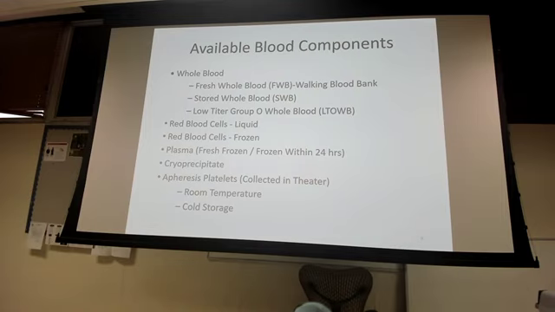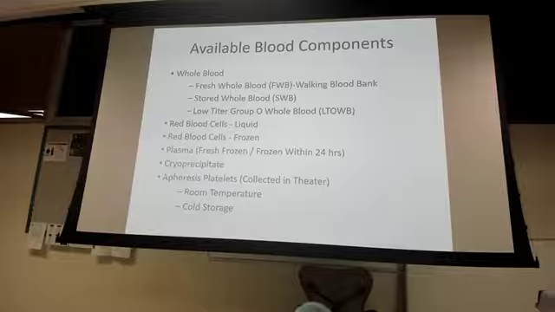You all as PAs may have an inventory, but a lot of times us as laboratorians will keep that list available for you, because we'll run the pre-transfusion testing before you issue those blood products out. Then you have stored whole blood, and low titer group O whole blood. Then you have red blood cells that are liquid, and red blood cells that are frozen.